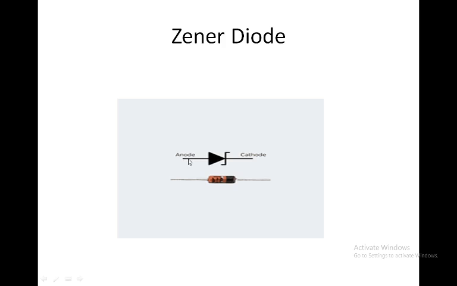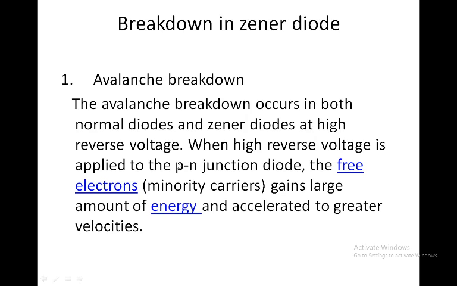For a normal rectifier diode, we put the positive terminal of the voltage source at the anode and negative at the cathode, and we say we forward bias. But in this case we reverse bias: negative at the cathode, positive at the anode.